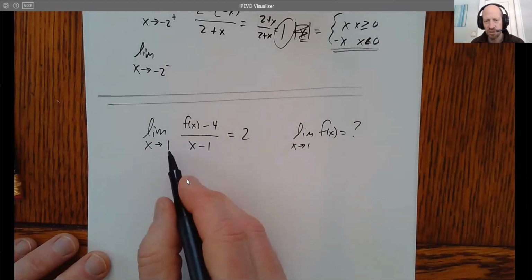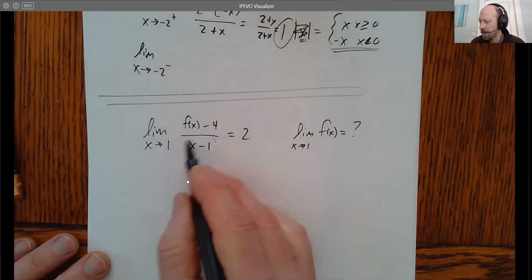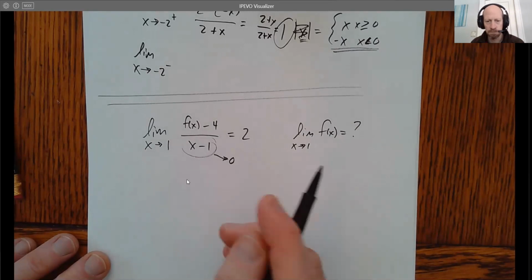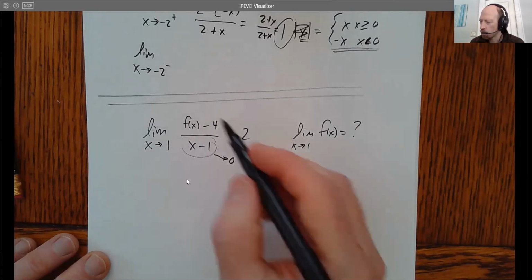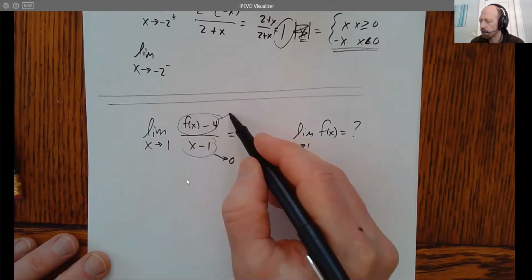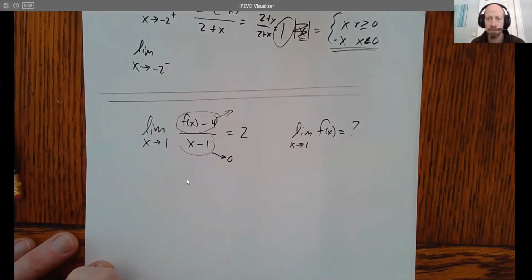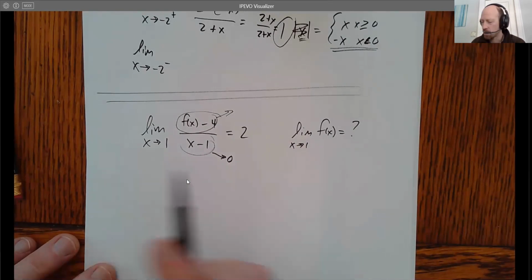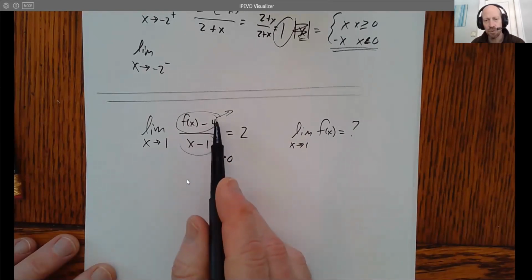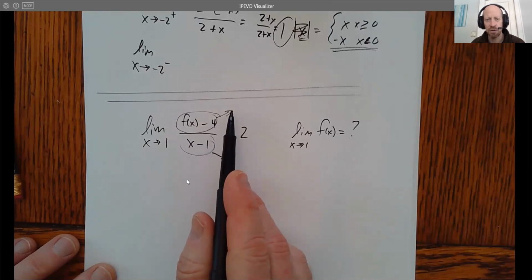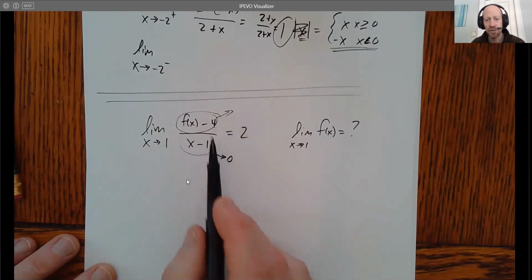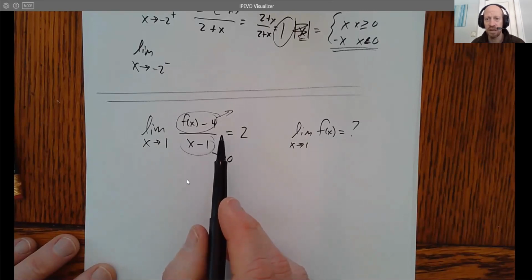Notice as x goes to 1, the denominator is certainly going to 0. What if this top was going to a number like 3 or negative 0.002 or any number? Can you see that if this top was going to anything that's not 0, this ratio would be a vertical asymptote or an infinite limit, right?